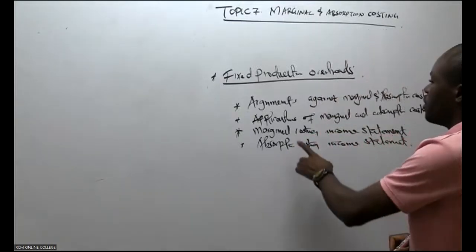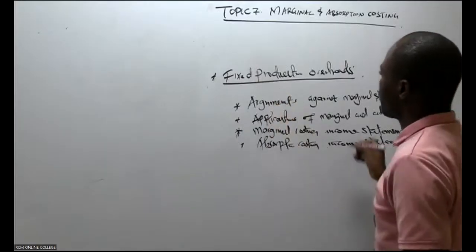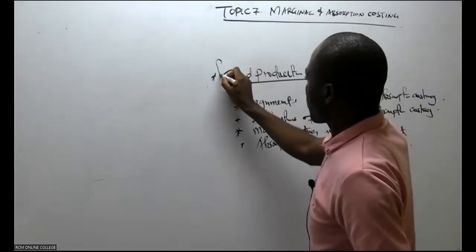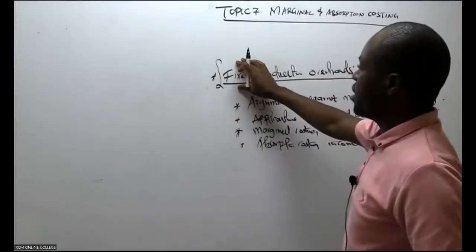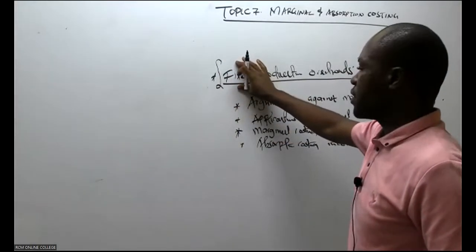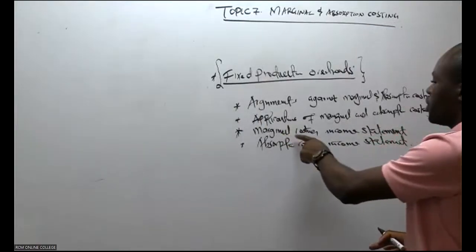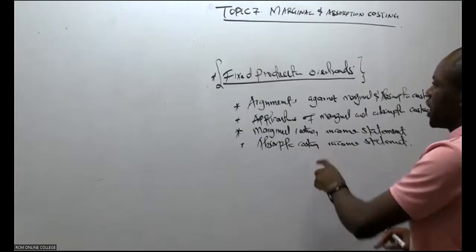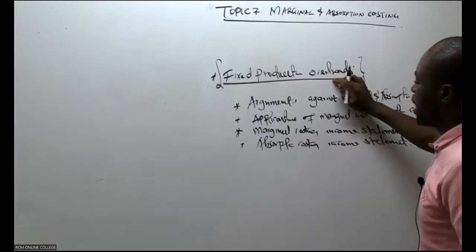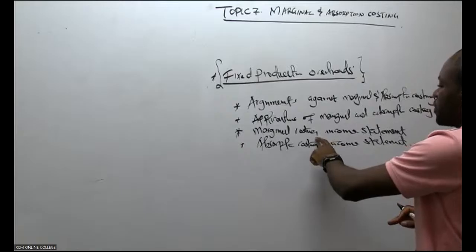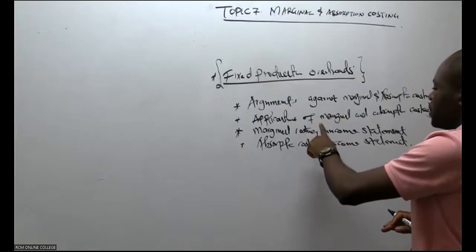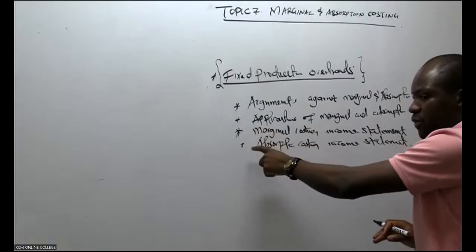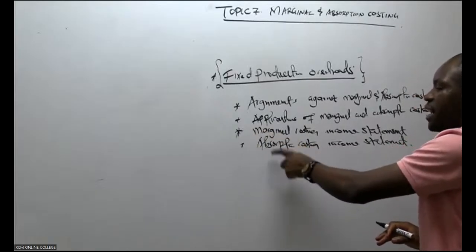And of course, due to the difference in method or the procedure of getting the net profit, this one here will bring a very huge difference or effect to the net profit of marginal costing and also the net profit of absorption costing. How we are going to deal with this one here in these two methods will determine the amount of net profit that you're going to get as per marginal costing, and also the net profit you're going to get as per absorption costing.